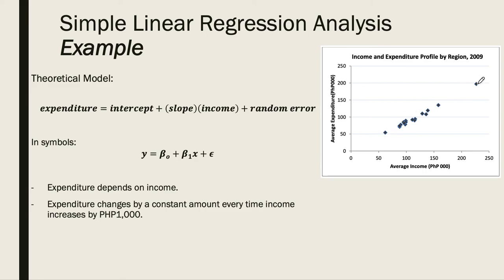So as the income increases by a constant amount, say for instance 1,000, expenditure also changes by a constant amount, since it's a positive linear correlation. It's a line, right? So if it's a line, it's constant.